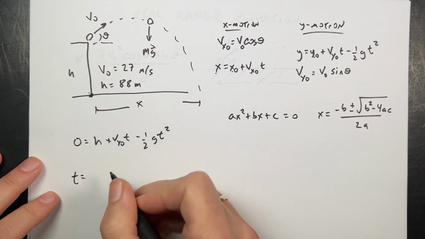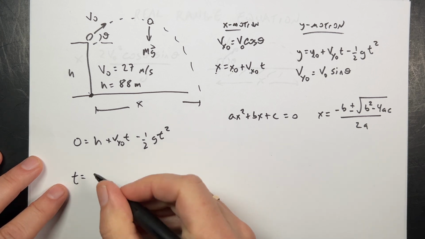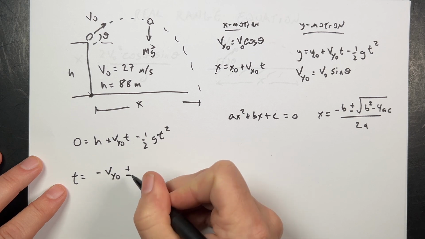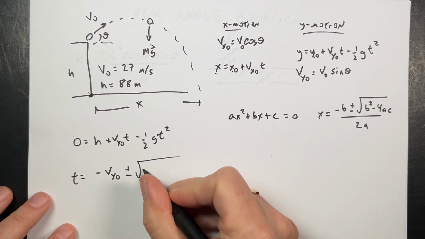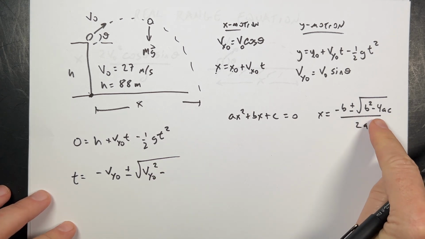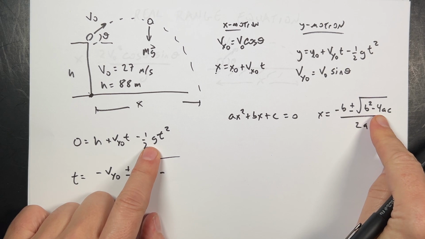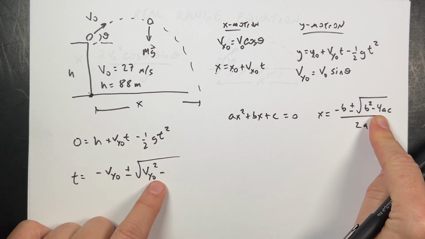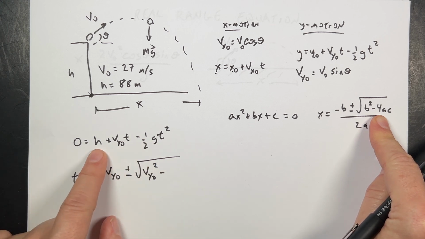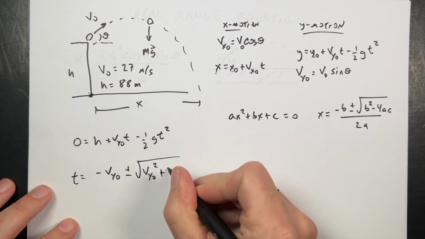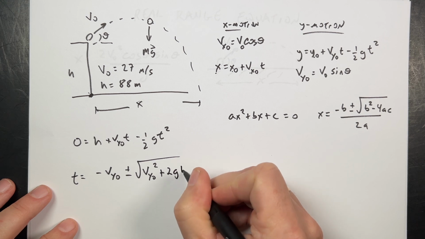t is going to be negative b, that's negative vy0, plus or minus the square root of that squared, vy0 squared, minus 4 times a, so that's negative 2g, times h. So it's going to be plus 2gh.